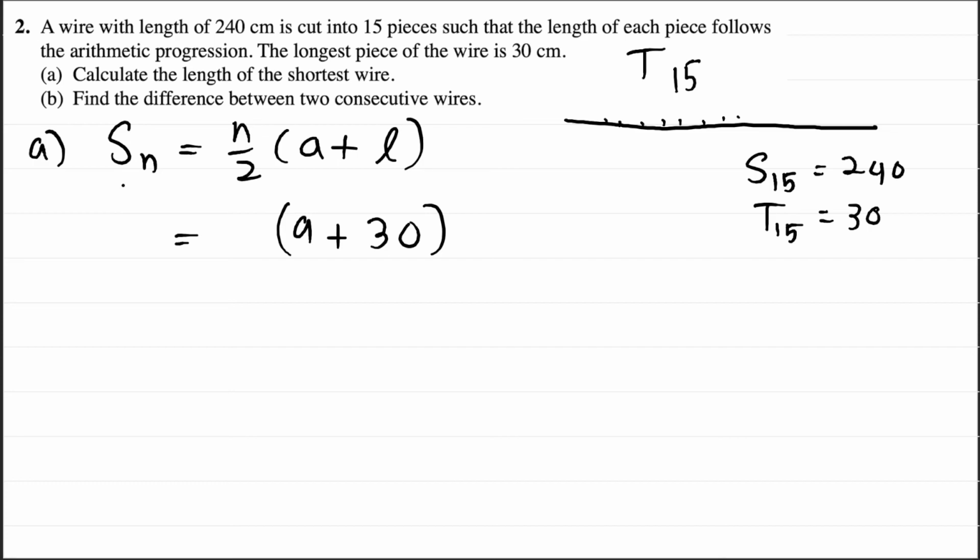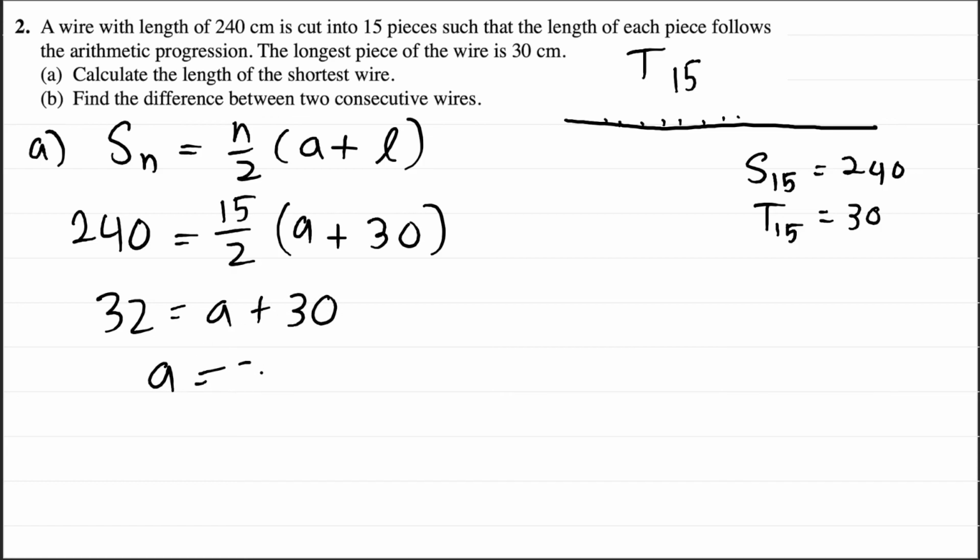And we know that our Sn kita adalah 240, yang mana n kita adalah 15. Okay, so kita selesaikan lah. 240 sama dengan 15 over 2 (a + 30). So a dia adalah 2 cm lah.